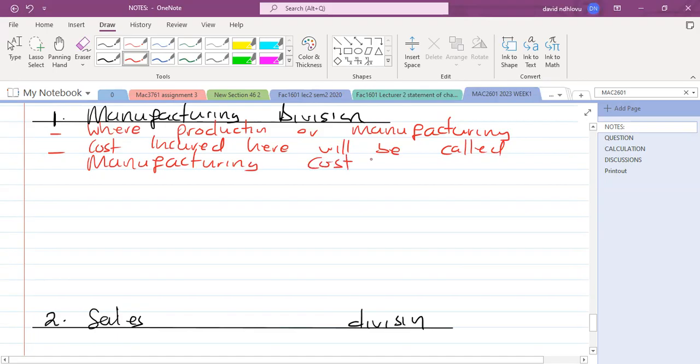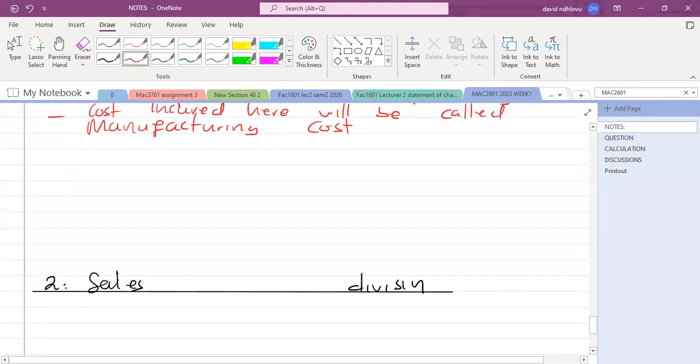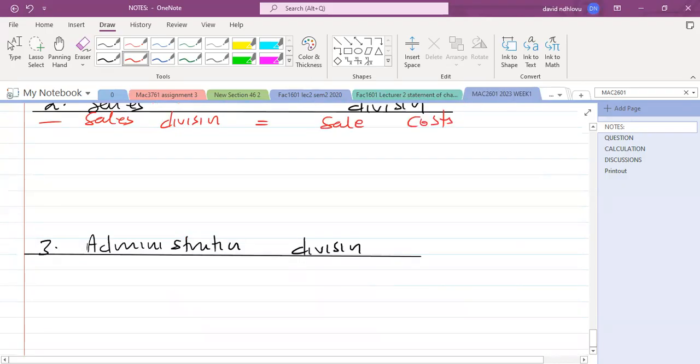Costs that we incurred here, we are going to call them manufacturing costs. This division here is called the sales division. It gives sales costs. This division here is the administration division. So all the cost incurred here, we will call them admin costs.